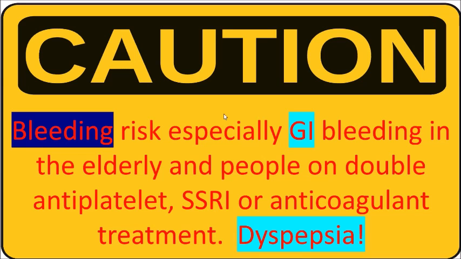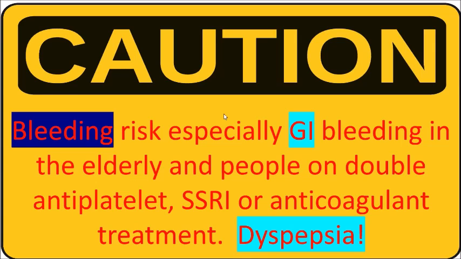So cautions for all antiplatelets: bleeding, because remember they block the activation and the aggregation of platelets, so you run the risk of bleeding to death, especially GI bleeding, in people with ulcers.